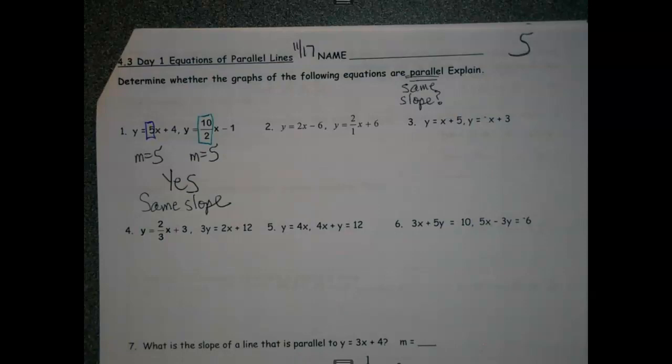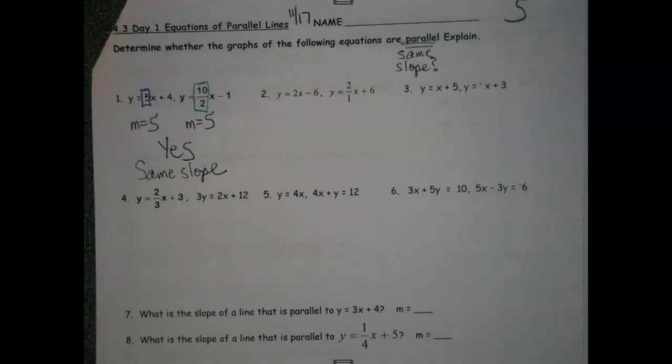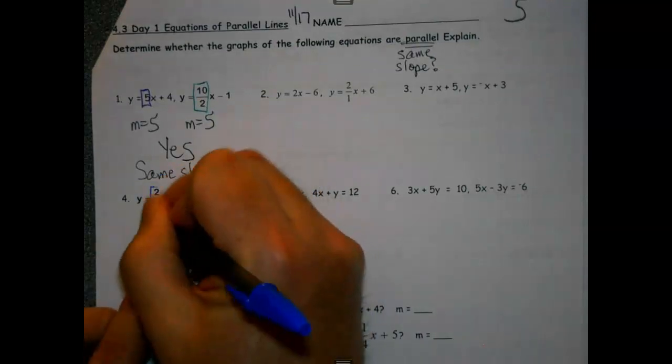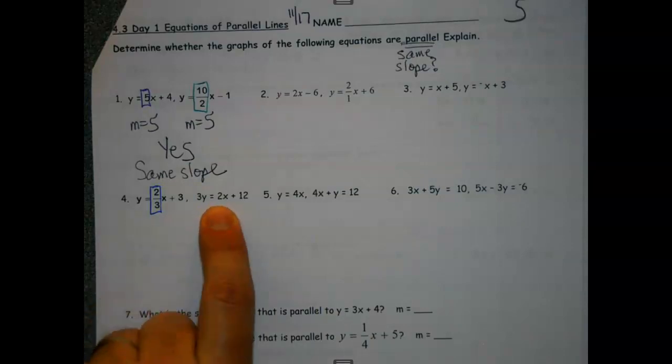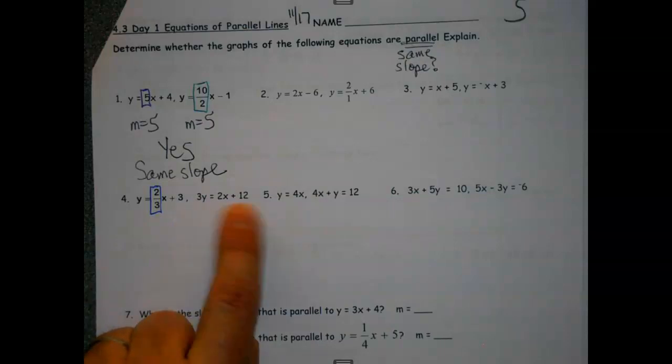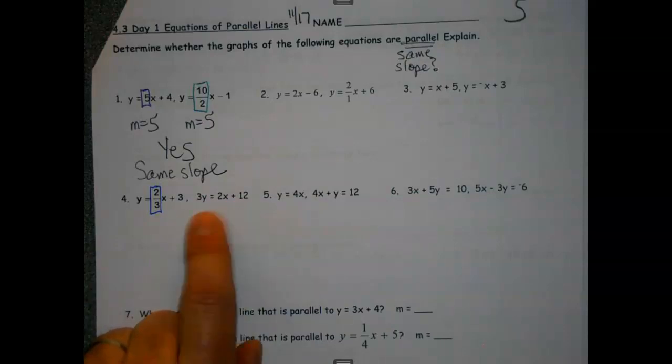So let's say, for instance, I'm doing number 4. And I get down to number 4, and I'm like, okay, well, this isn't bad. And I'm going along. Don't box in that 2. You're like, why not? Because this equation isn't in y= yet. Ooh.